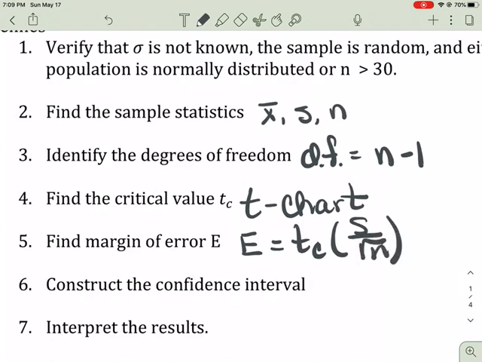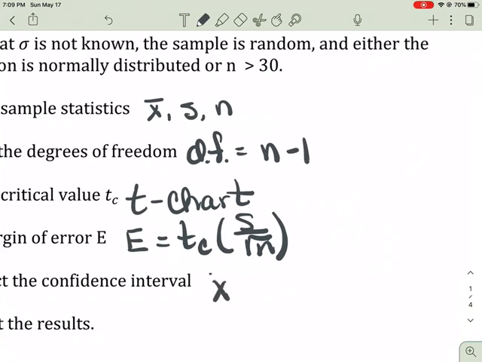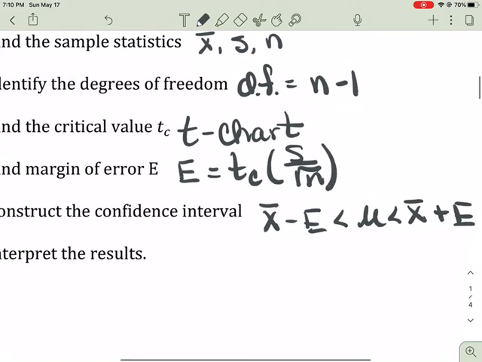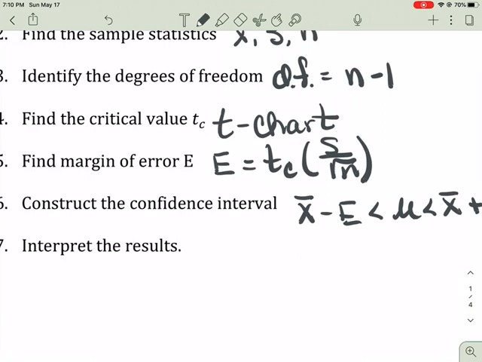You're going to construct your interval, which is x bar minus E less than mu less than x bar plus E. And then you're going to interpret your results. It's the same sentence that we went over the other day, so you're going to write the sentence.